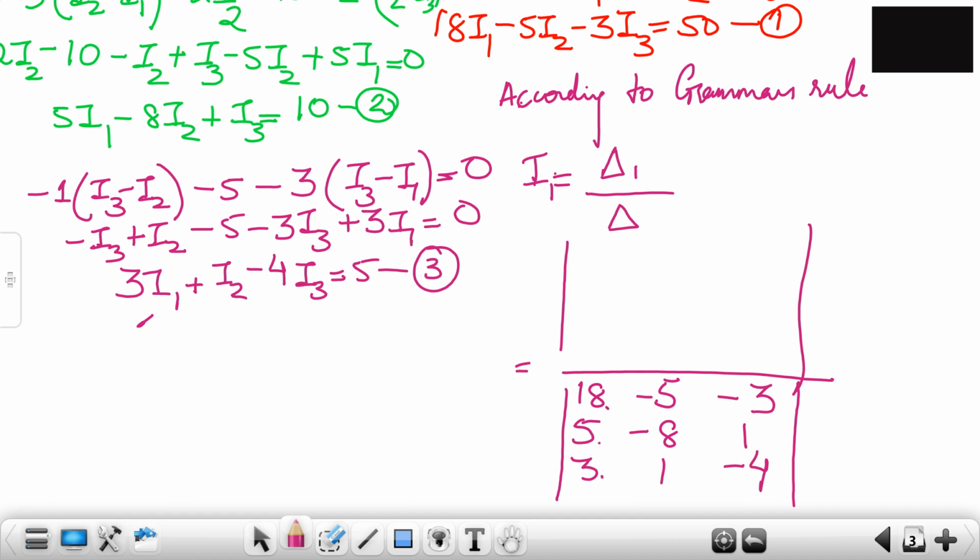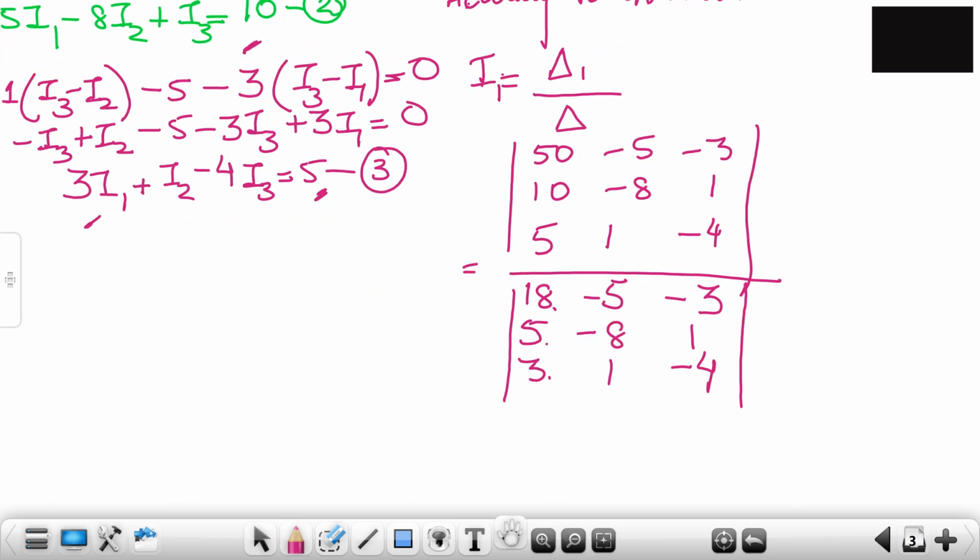You replace it with the values 50, 10, 5. And the remaining terms will remain the same: minus 5, minus 3, minus 8, 1, 1, minus 4. So let's solve this part.